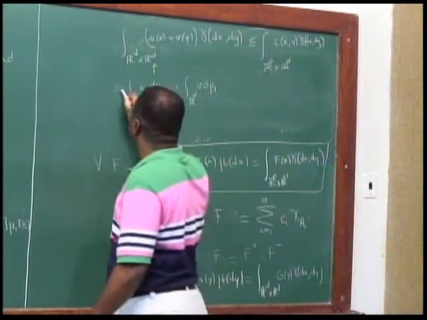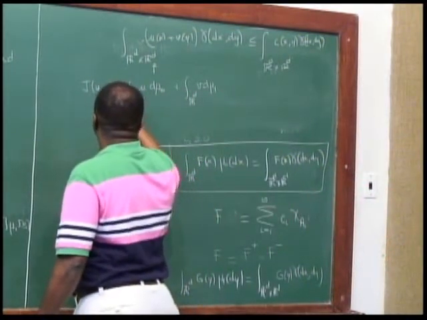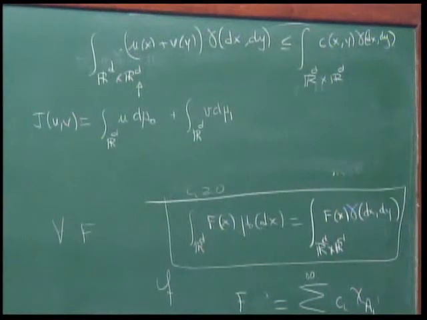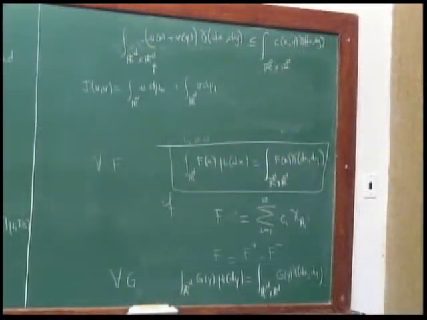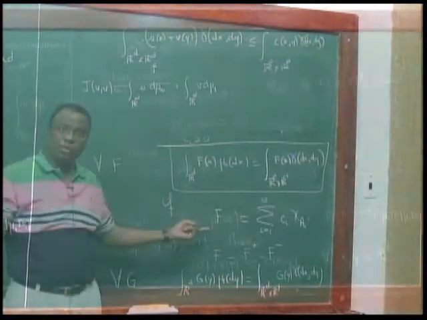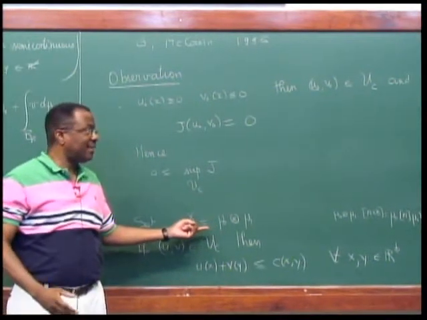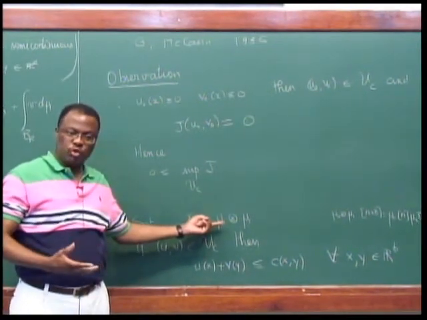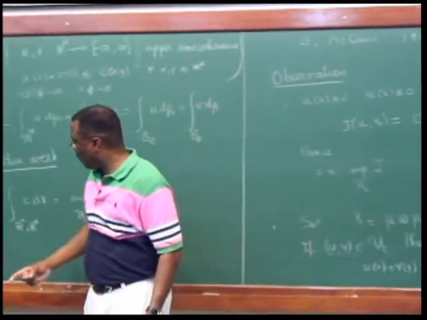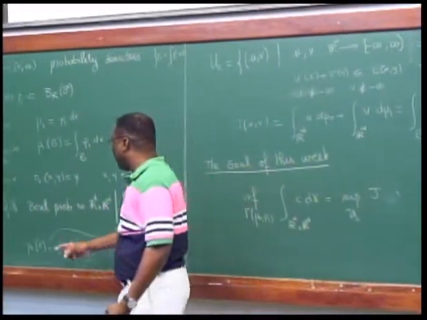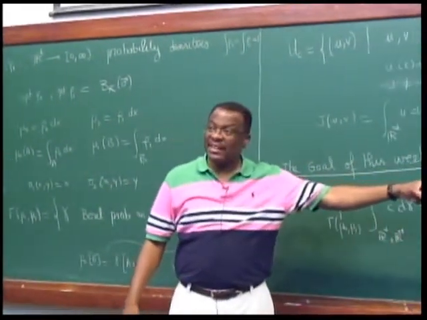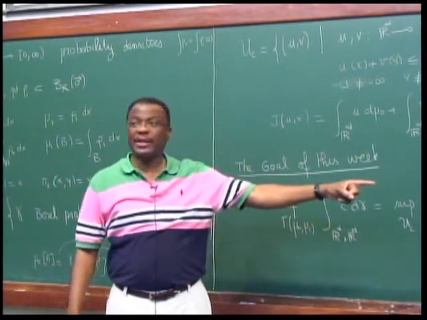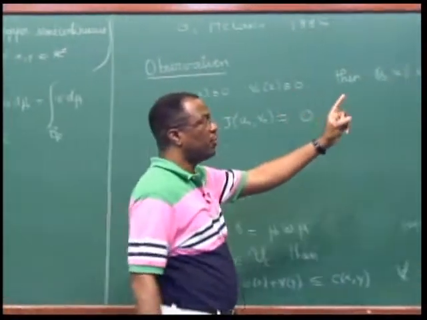But this sum is J. Here I took a specific gamma, which has mu naught and mu 1 as marginals. This is just to tell you that the set of gamma which has mu and nu as marginals is non-empty. But instead of taking that specific gamma, if I take any arbitrary gamma, my reasoning up to here still goes through.